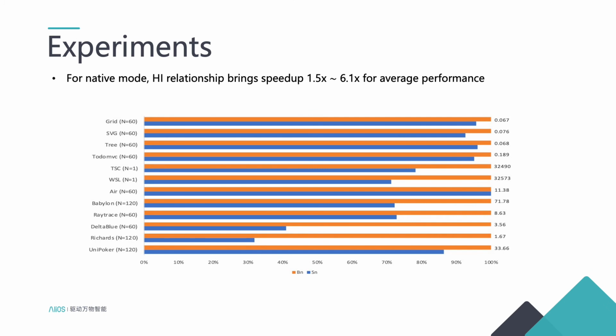This figure reports the average performance of the statically generated machine code of configurations BN and SN. Recall that BN is the native mode of STSC, where conventional inline cache is generated to replace the hidden inheritance-based inline cache, so this comparison is to demonstrate the effect of hidden inheritance relationship for machine code.